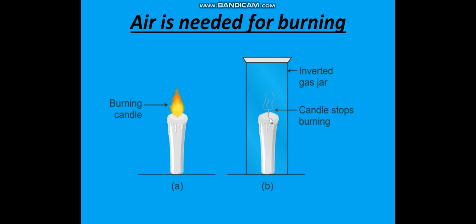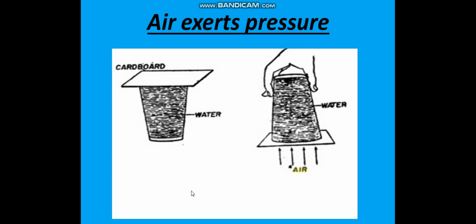Now we will see how air exerts pressure. Air exerts pressure in all directions. You can empty juice from a Tetra Pak due to air pressure. When we empty juice from a Tetra Pak, what do we do?